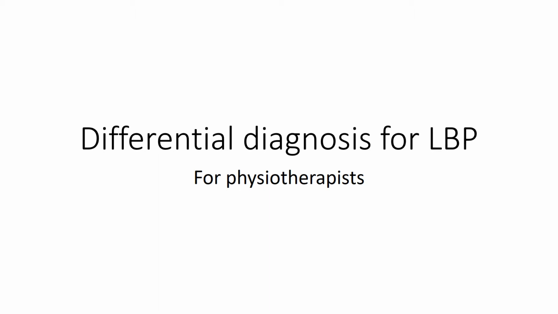That's why, for any single condition, I do my best to make the anatomical pathological diagnosis. I prefer to go for it before the impairment approach. So I hope this online class can give you some ideas, especially the junior colleagues, on how to do a differential diagnosis for low back pain.